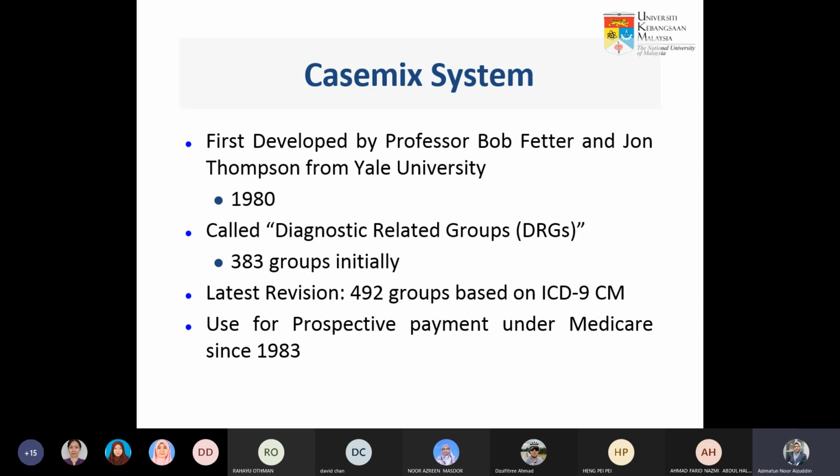The latest revision, with ICD-9-CM, has 492 groups of cases. It has been used for the prospective payment mechanism under Medicare since 1983. So it must relate to payment; in the US, they use Medicare as their financing system.